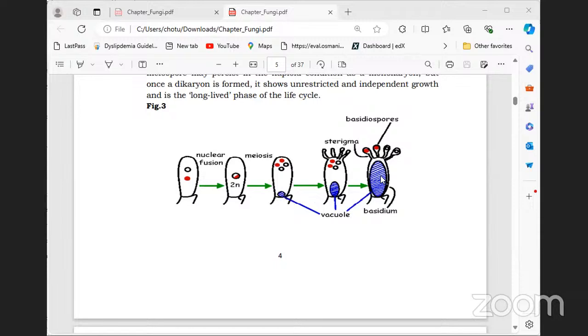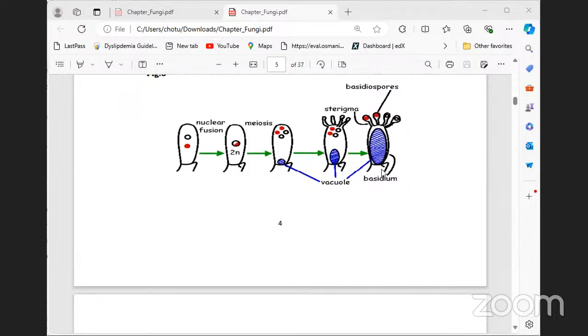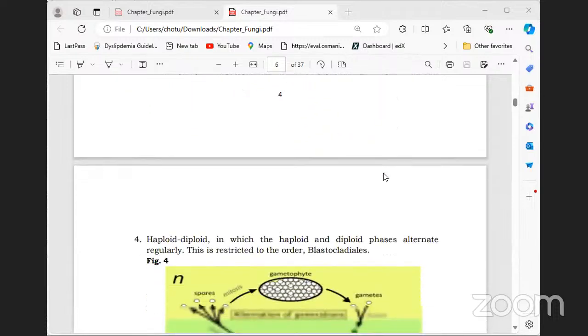This is the vacuole. And this is the sterigmata. In the sterigmata, the nuclei come after fusion. This is called the basidiospore. When the vacuole increases in size, that is called the basidium. I'll explain it at reproduction time.